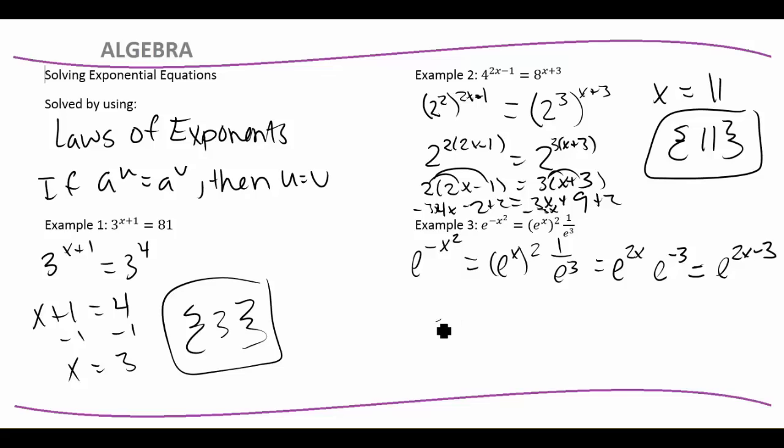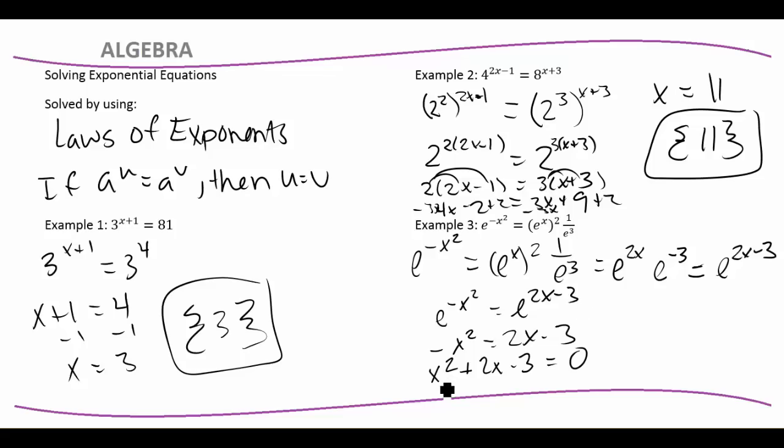Now we're going to set these equal to each other: e to the negative x squared equals e to the 2x minus 3. They have the same base, so we can use our property. We have negative x squared equals 2x minus 3. Now we move everything over to one side and get x squared plus 2x minus 3 equals 0.